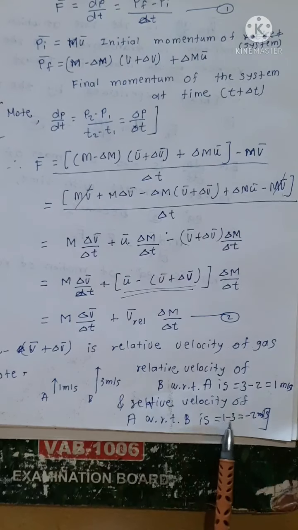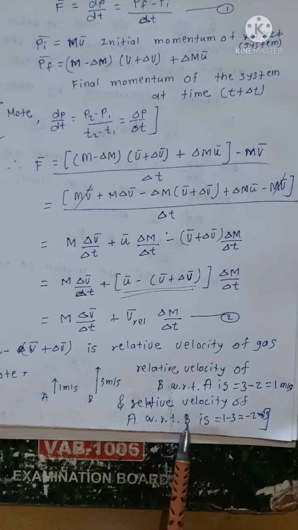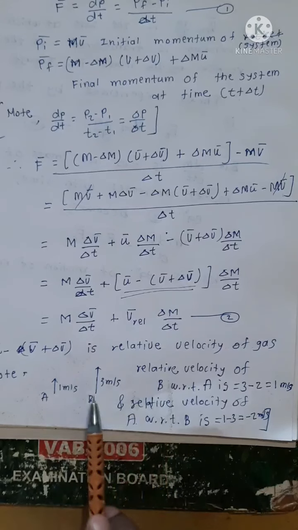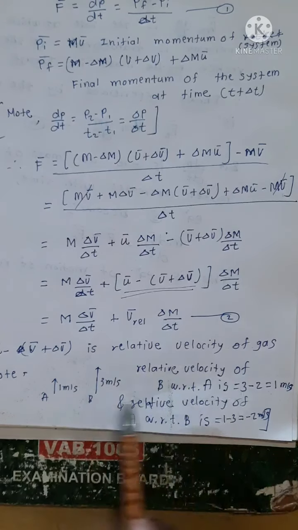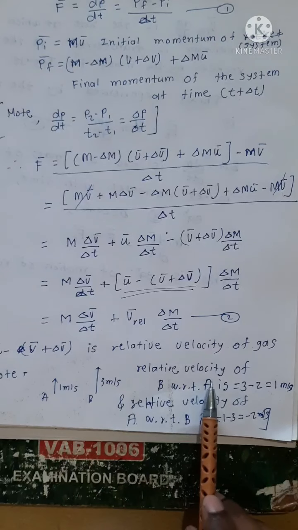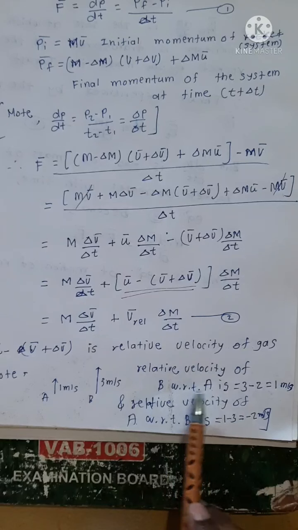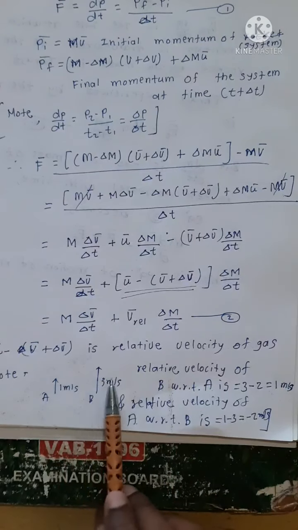That means we are considering B as stationary and measuring the velocity of this particle. Or if you want to find the velocity of this particle with respect to A, that means we consider A as stationary and measure the velocity relative to this. So its velocity will be 3 minus 1, that is the difference between them.